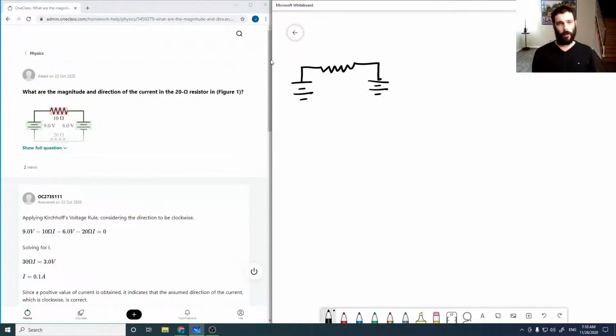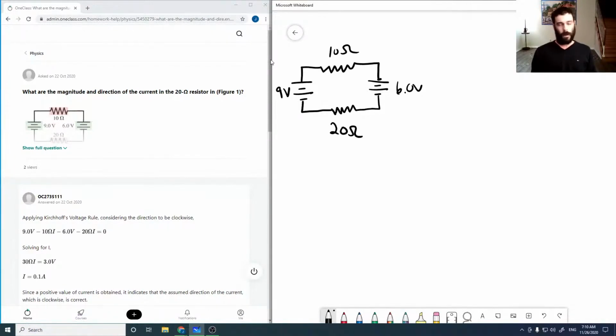This one's a fairly simple Kirchhoff question. We've got a 9 volt here, a 6 volt here, a 10 ohm here, and a 20 ohm here. This is the resistor it's asking about.